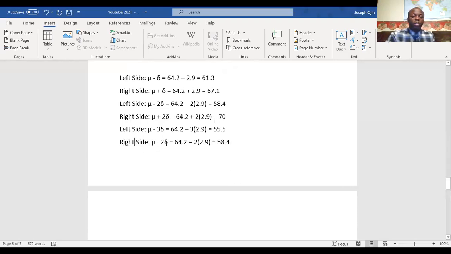Now for the right side, mean minus now becomes plus 3 times standard deviation. Now let's see what answer it will give us. I will take it to decimals.